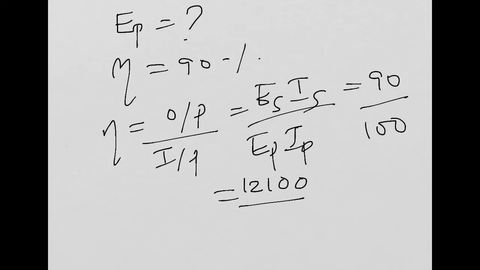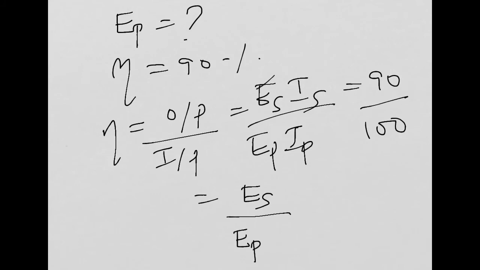What I can do is go back and say ES by EP into IS by IP. IS we calculated as 11, by IP is 90 by 100.